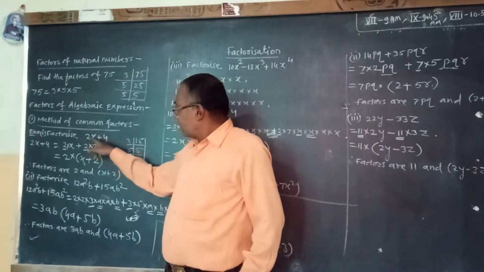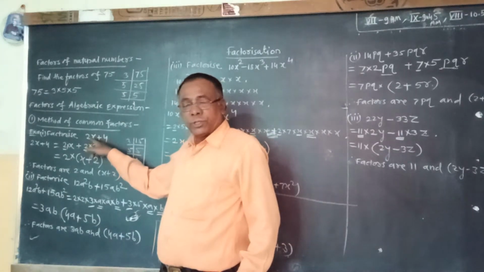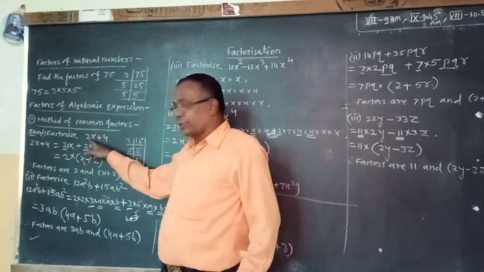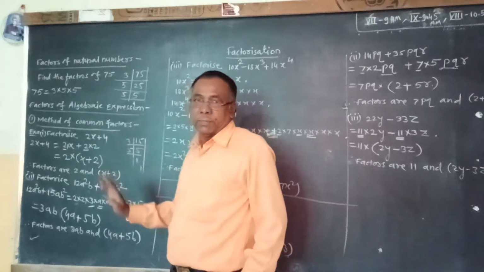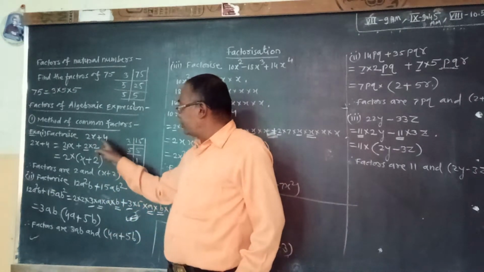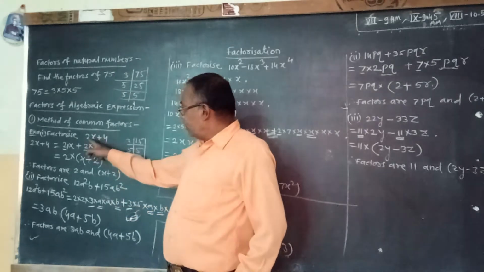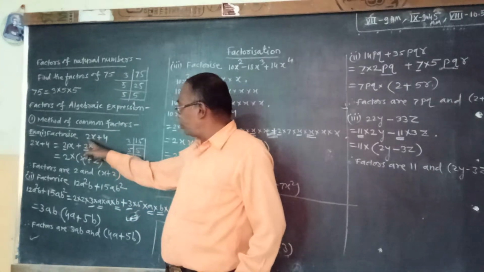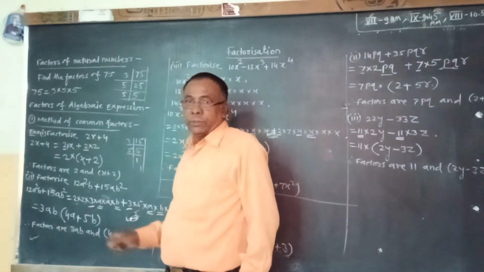Here the left side of the expression is 2x and the right side is only 4. On the right side there is no variable. But if we consider the numerals, then there are two numbers, that is 2 and 4, in this expression.